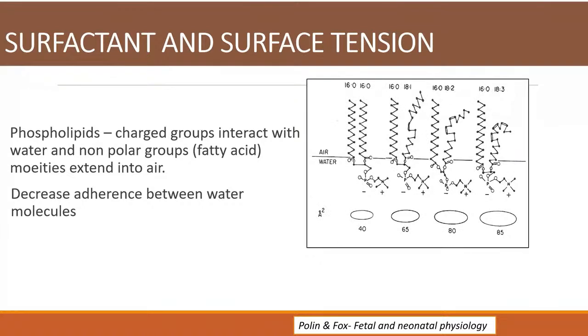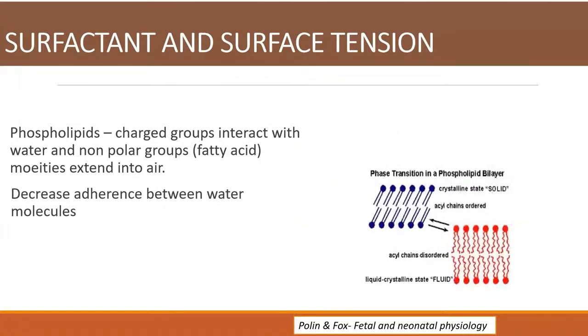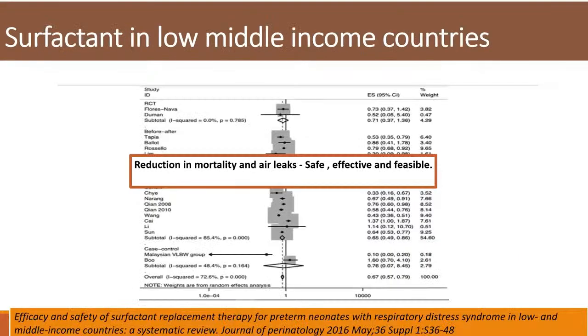So these molecules basically reduce the attraction between the adjacent molecules of water that are present on the air-liquid interface. Thereby, they decrease the adherence between water molecules on the interface and hence result in a lesser tendency for the alveoli to collapse. And it requires a certain phase transition of the phospholipid bilayer in order to achieve this clinical effect.